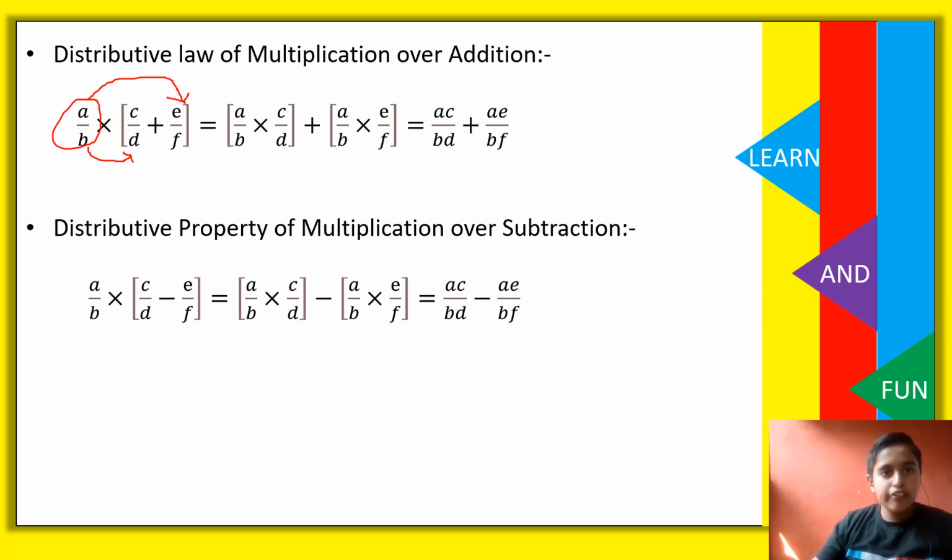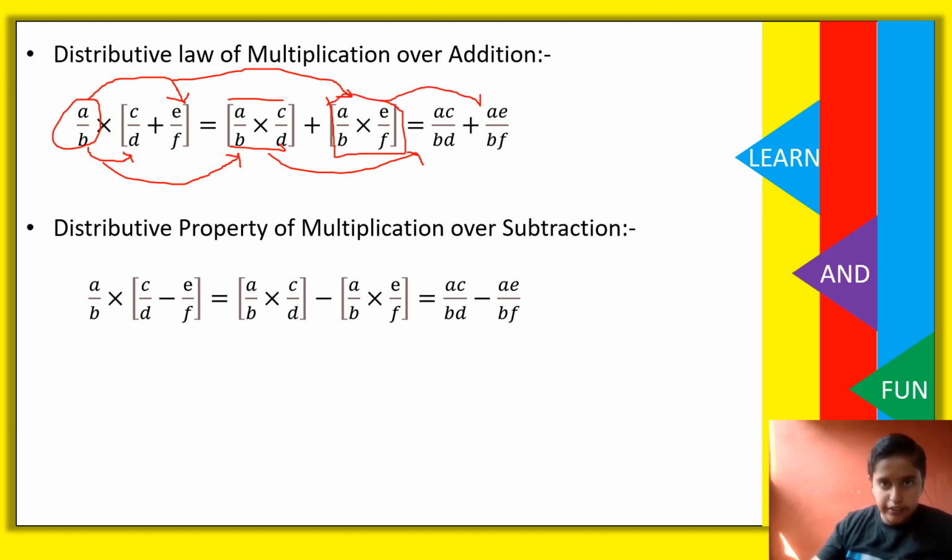So A upon B into C upon D comes over here, which is equal to AC upon BD, and then plus AE upon BF comes over here. So this is how it works, and it is correct as we solved it.